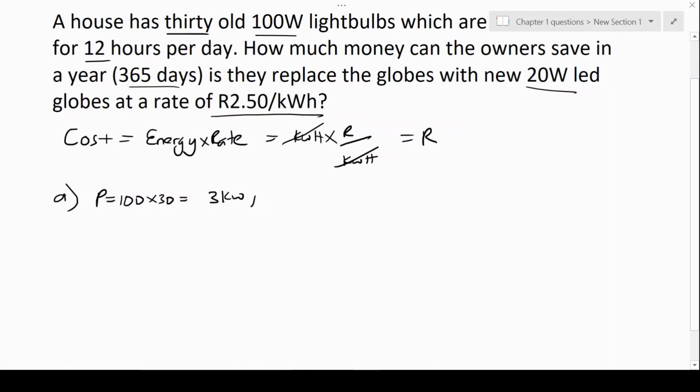The energy must give us power multiplied by time, which is going to be 3 kilowatts multiplied by 12 hours times 365 days, and this should give us a final value of 13,140 kilowatt hours.